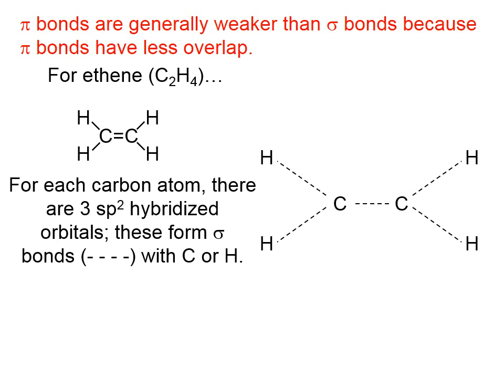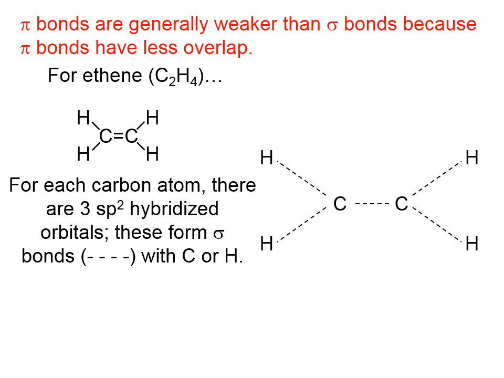So on the right side of the screen, I've shown the single bonds, the sigma bonds, between all of the atoms in ethene. This sigma bond that I'm highlighting here with my laser pointer results from the overlap of the 1s orbital in hydrogen with one of the sp2 hybridized orbitals in this carbon. That overlap results in that sigma bond.